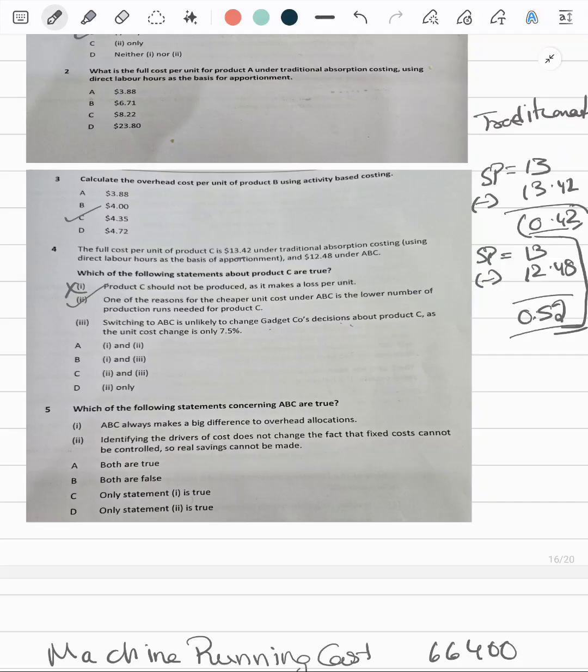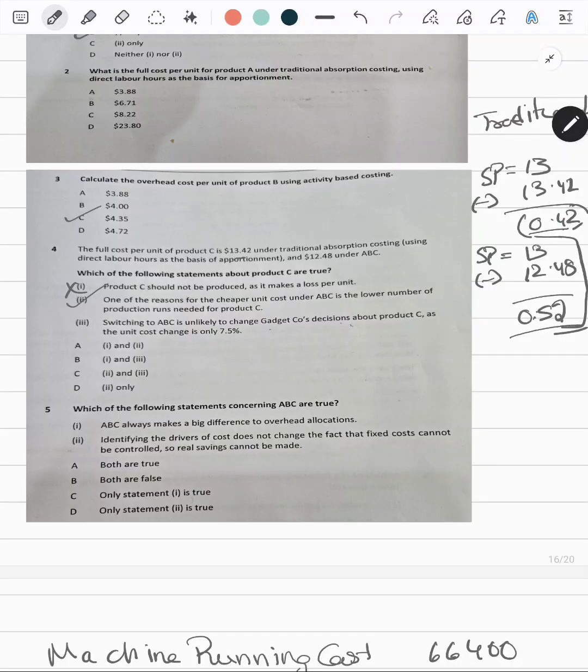I think this is false, because as per the traditional absorption costing, product C was making a loss.